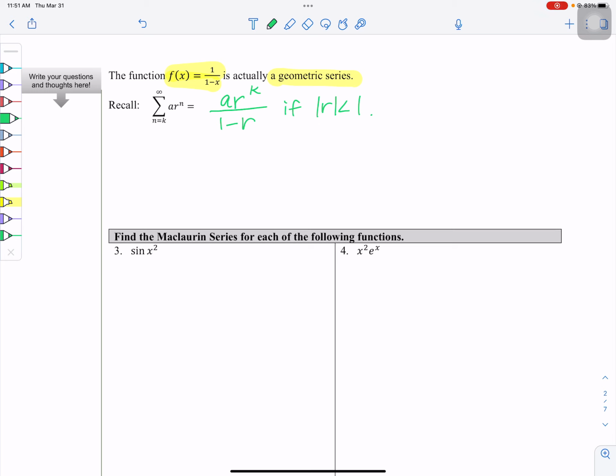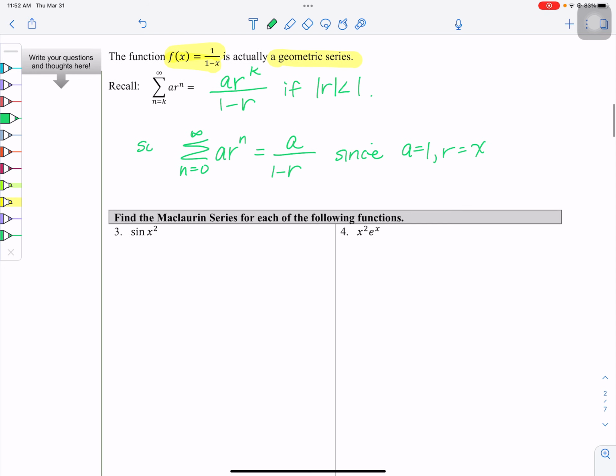So sometimes it's nice to be able to talk about the series n equals 0 to infinity of a r to the n, and that's just equal to a over 1 minus r, since a is 1 and r is x. Okay? So what could we write?